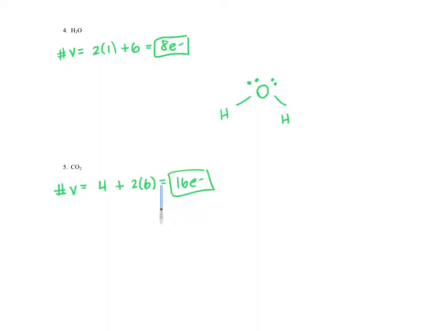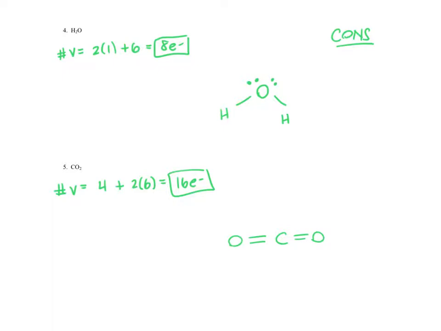So that should be reminding you that I also gave you the little phrase, C-O-N-S, CONS. CONS is the atoms that tend to form double bonds. So I have carbon, oxygen, nitrogen, sulfur. So the fact that I have carbon and oxygen who both like to form double bonds, and I have 16 electrons to take care of, what I'm going to surmise from that is the oxygens are actually double bonded.